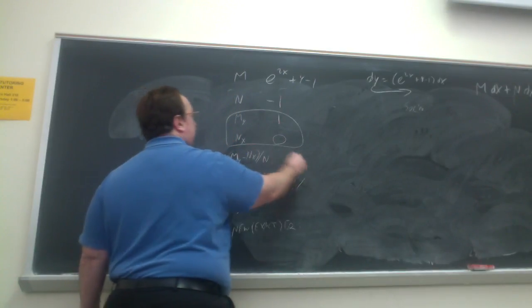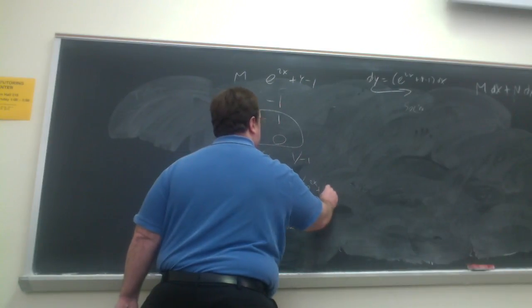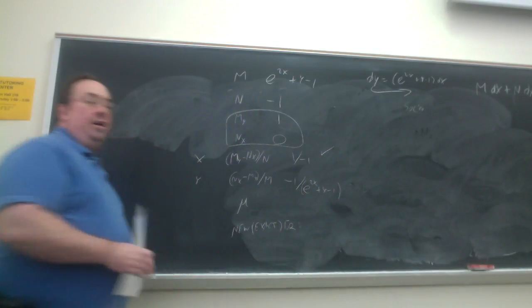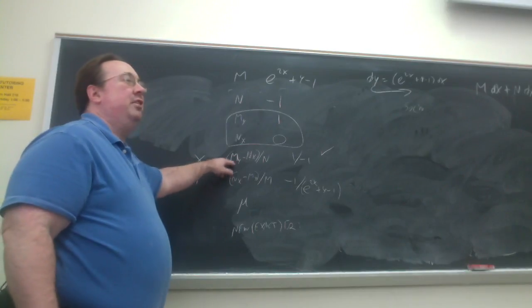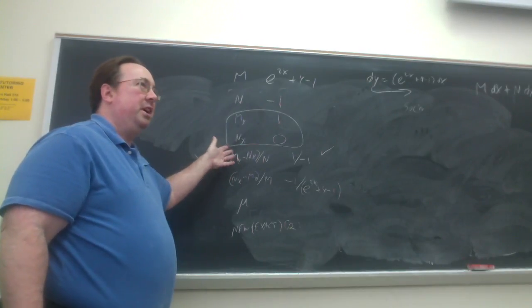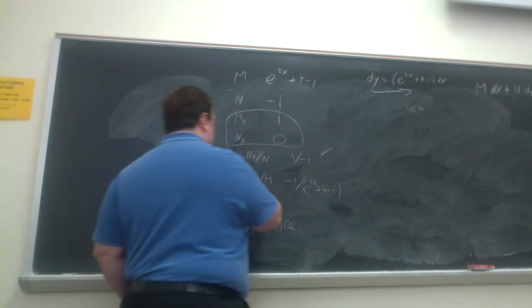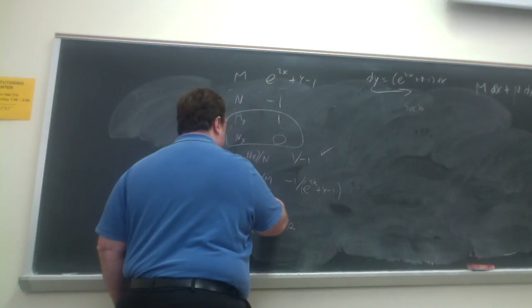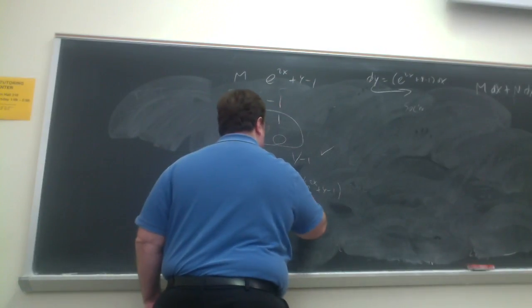So N is minus 1, and then here we have e to the 2x plus y minus 1. So this is the one that works out, that this expression at least doesn't depend on y. I mean, it's certainly perfectly fine to be a constant. That's actually preferable. So now, to get mu, we have mu prime of x equal to this quantity, minus 1, times mu.